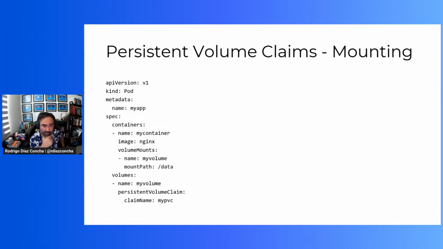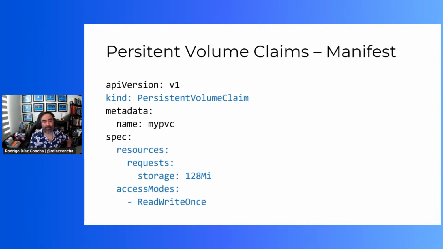In this pod specification, we have the volumes field, and of course, we have the volumeMounts. However, this volume is referencing a persistent volume claim. So this is going to use the persistent volume claim that you created beforehand. So it looks like this. This is a persistent volume claim object.